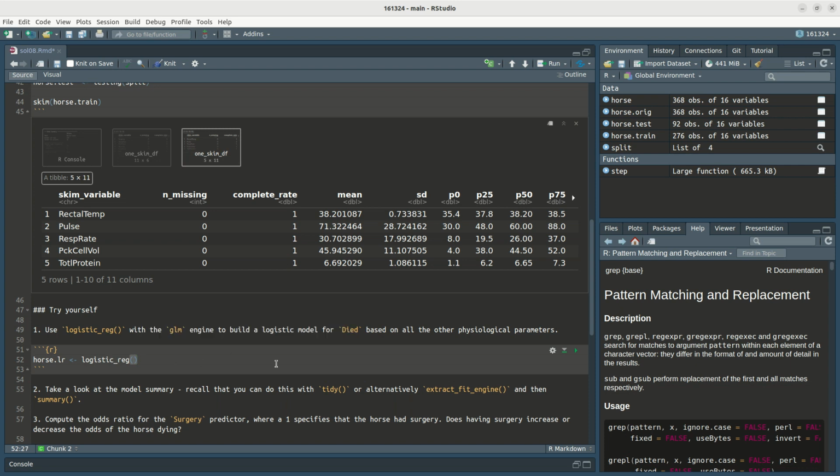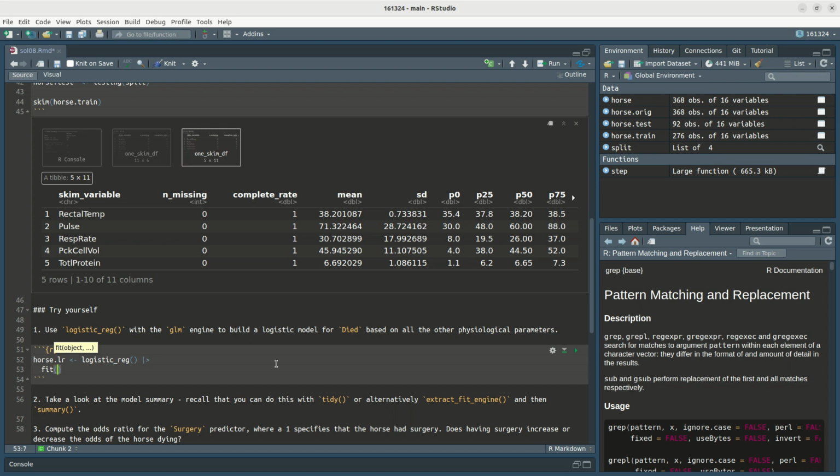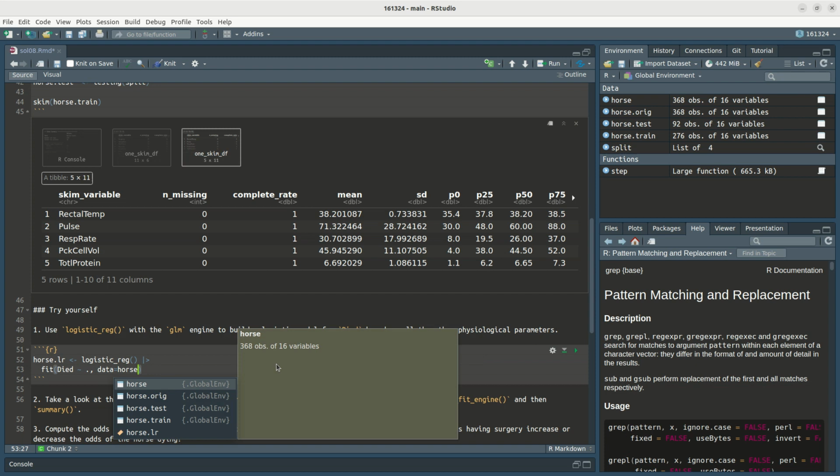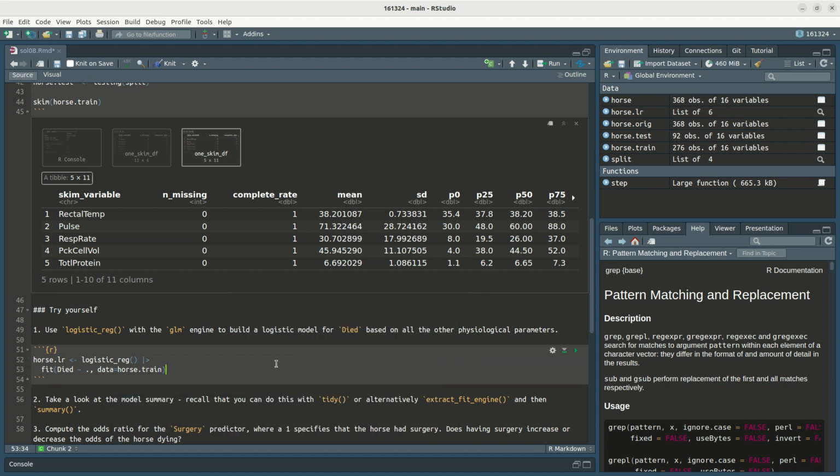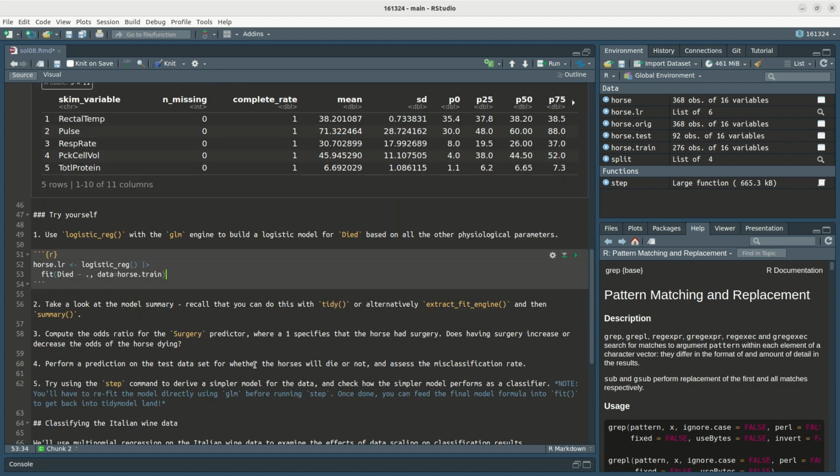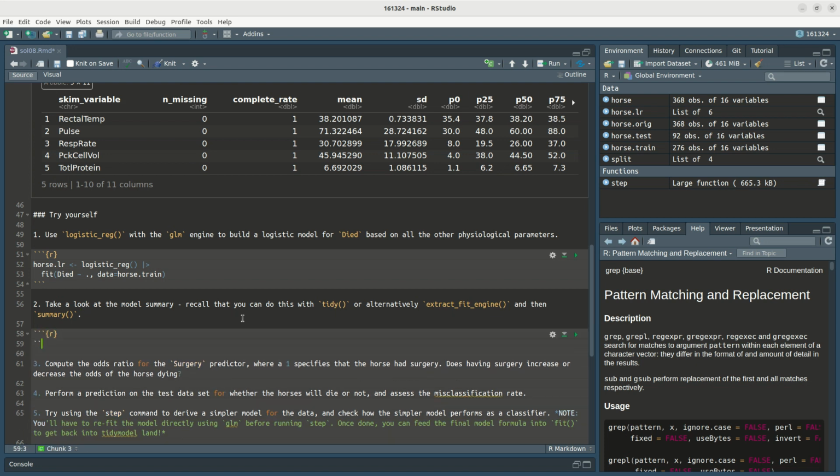And we could then fit died to all the other variables using our training data. Okay, we could have a look at the summary output.